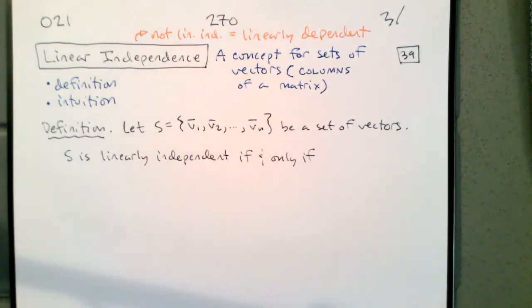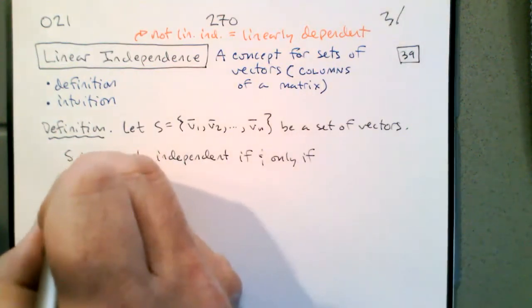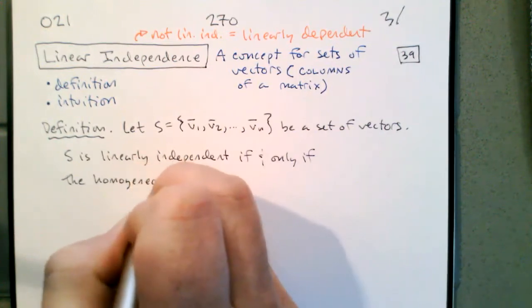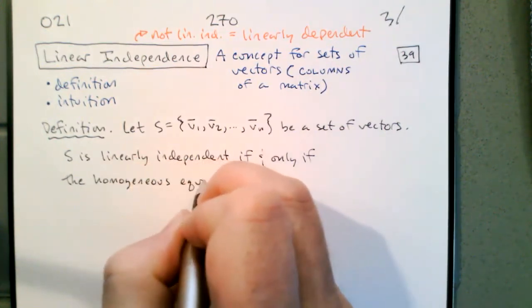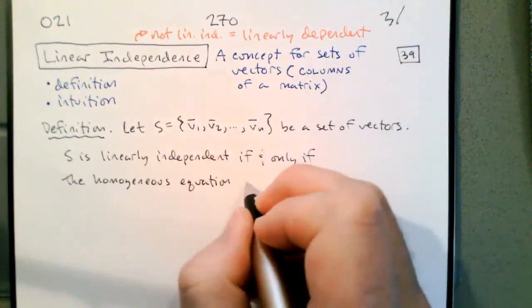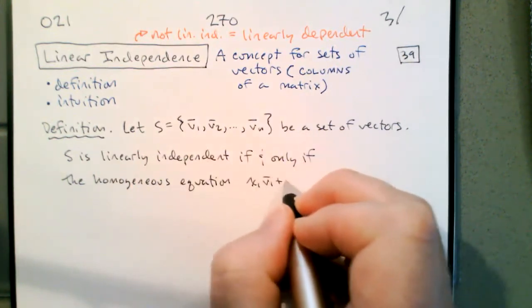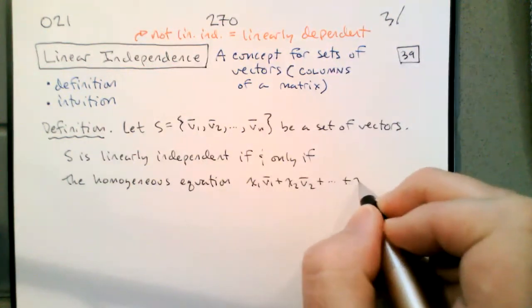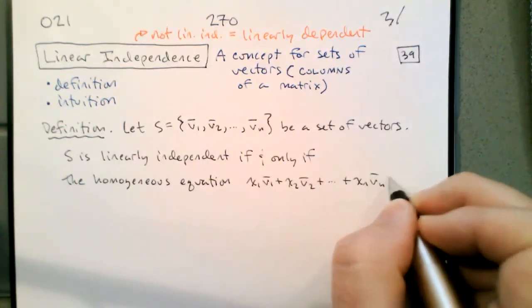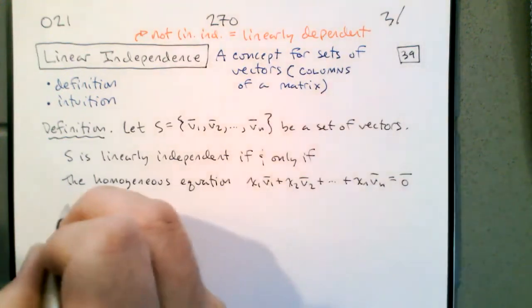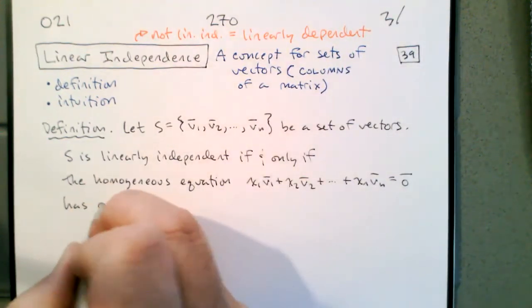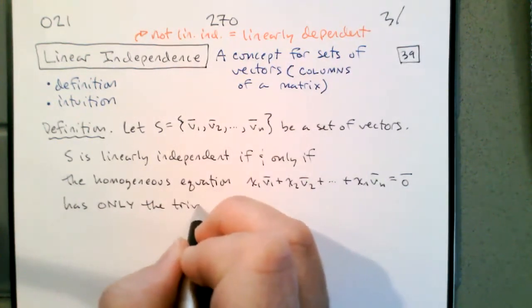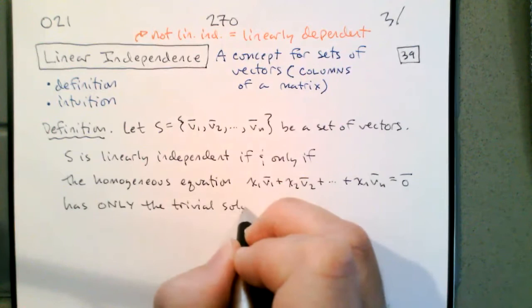The homogeneous equation x1 v1 plus x2 v2 plus ... plus xn vn equals 0 has only the trivial solution.